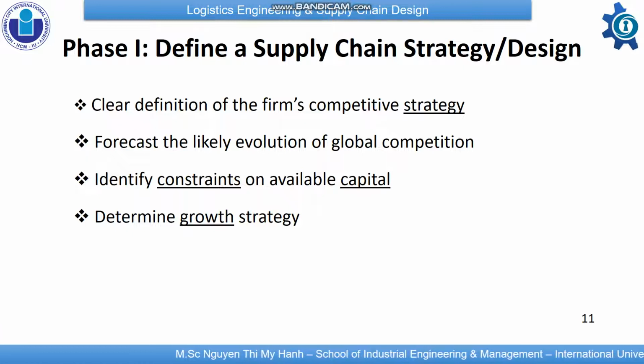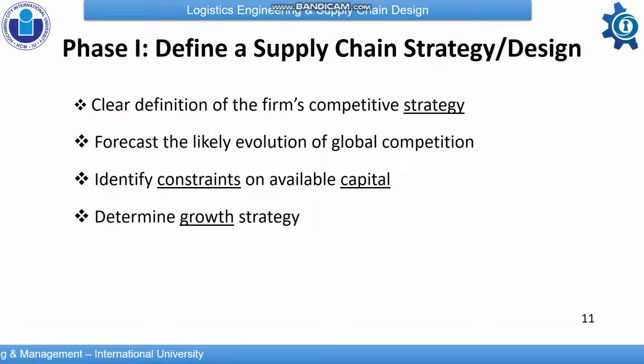They will also see if their competitors are local or global companies, and then they will identify the constraint on available capital.